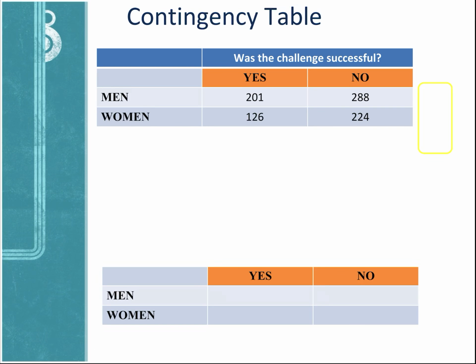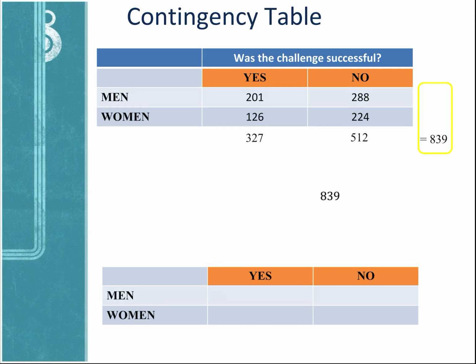So here's how we're going to do this. In the table on the bottom, we're going to record the expected frequencies. First, a couple of things to add up. The 327 is the total yeses: 201 men yeses plus 126 women yeses gives us 327.